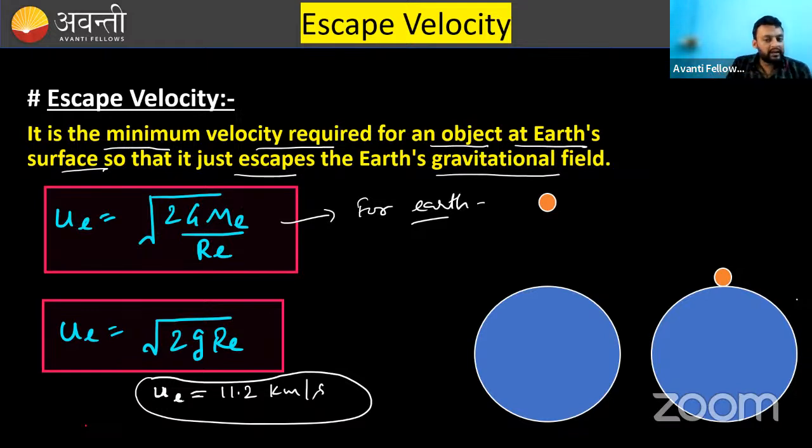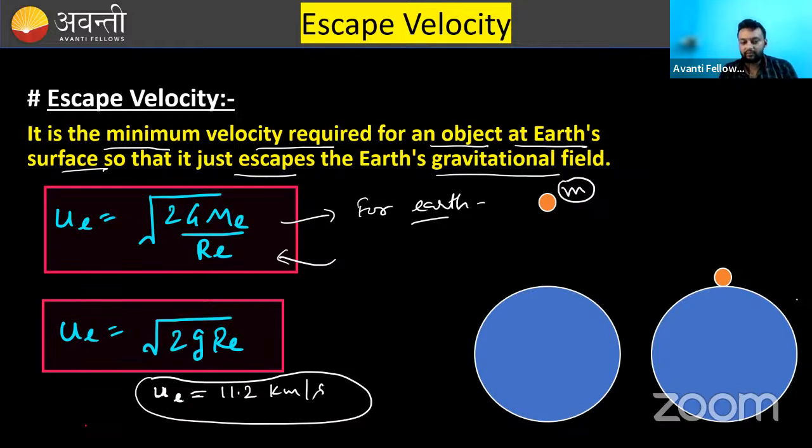One thing to be noted here: the mass of the ball does not come into the escape velocity. The formula for escape velocity is independent of the mass of the body that is to be thrown. That's a punchline. Suppose you have a ball of mass 1 kg and you throw it to escape.